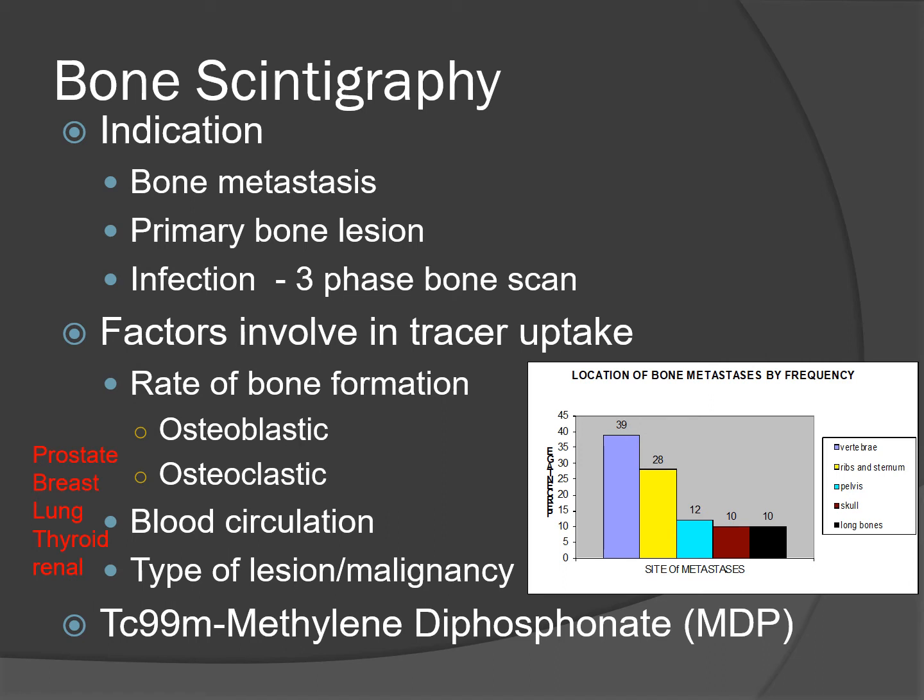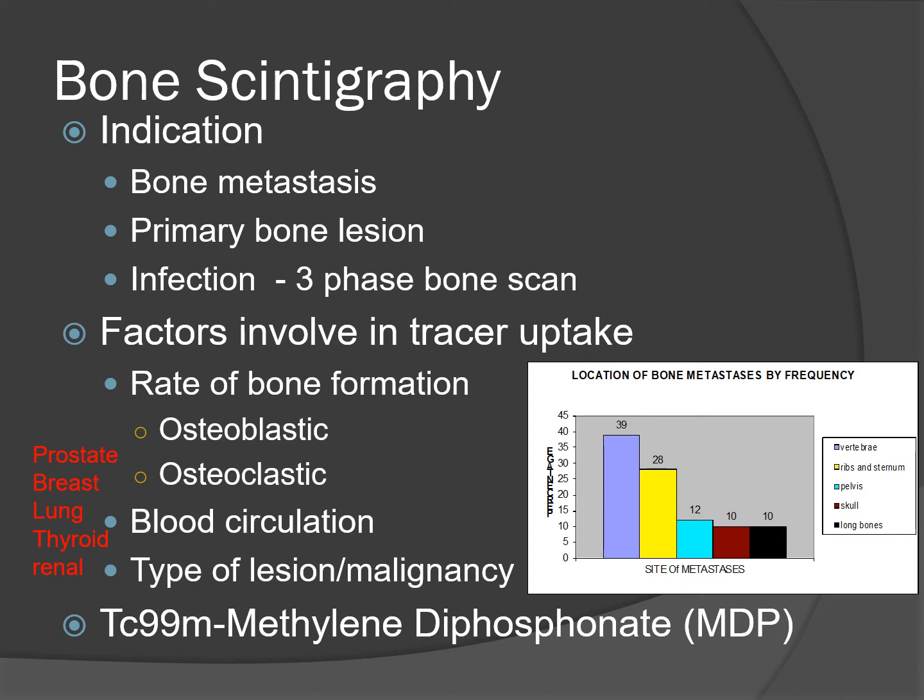If you see here, the radiopharmaceutical that we use is technetium 99M methylene diphosphonate. The technetium 99M is the radioactive part, and methylene diphosphonate is the pharmaceutical product. It is important that the carrier or transporter that we use will mimic or follow the physiological uptake, in this study, the normal calcium phosphate uptake in the bone.